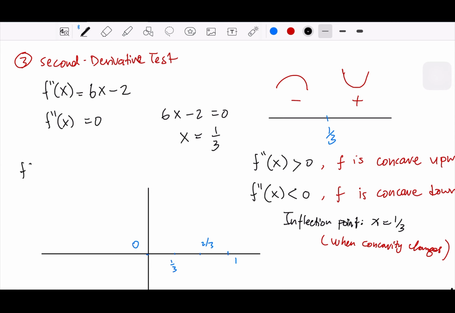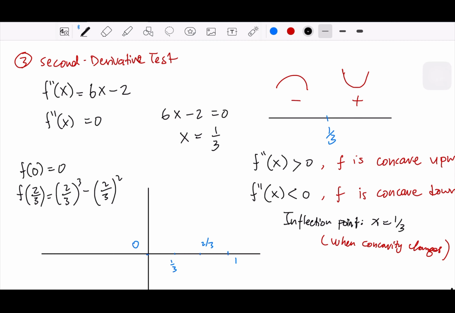And then we can also check the value of the critical numbers to find the points on the y-axis. So when x is 0, it's 0, and when x is 2/3, we need to do some little calculations. But this is just to make sure that we know how to put our coordinates.